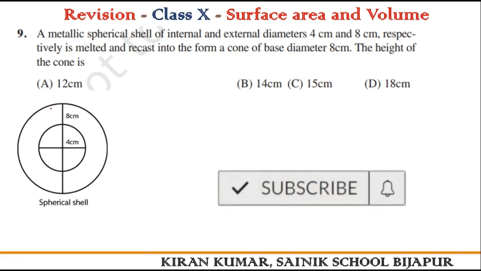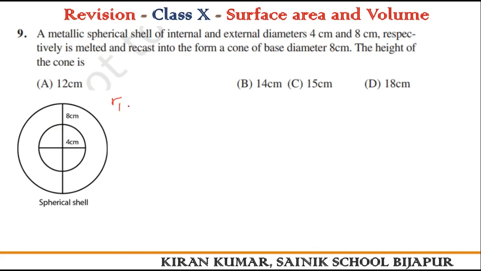For this shell, I will consider R1 to be the internal radius, which is half of 4 centimeter, so it becomes 2 centimeter. I'll take R2 as the radius of the external circular part. So the external radius will be half of 8 centimeter, which is 4 centimeter.